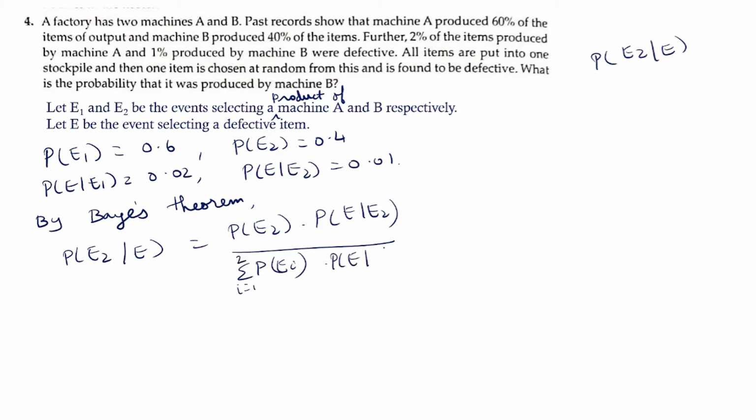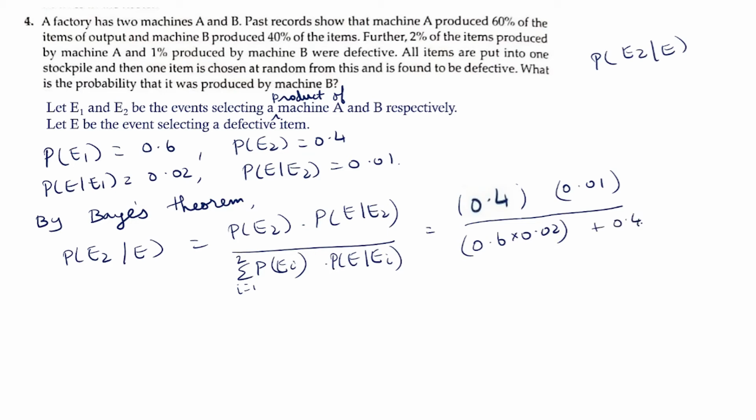Here only two events are there. So this is equal to 0.4 into 0.01 upon 0.6 into 0.02 plus 0.4 into 0.01.